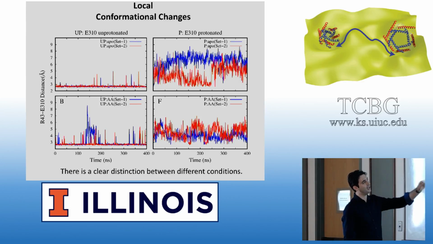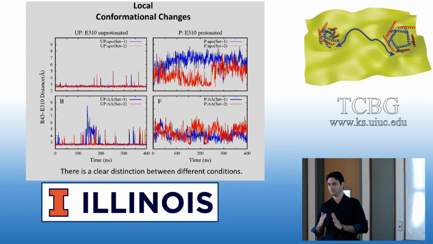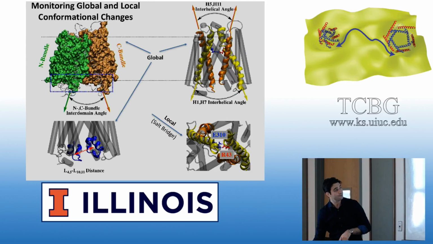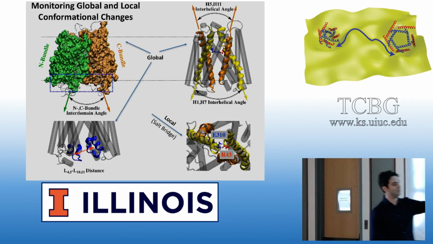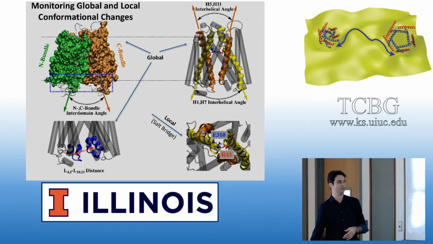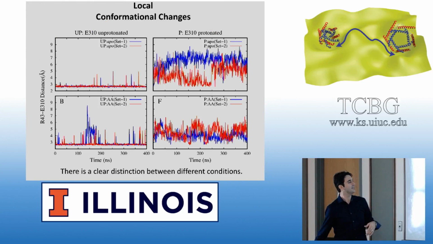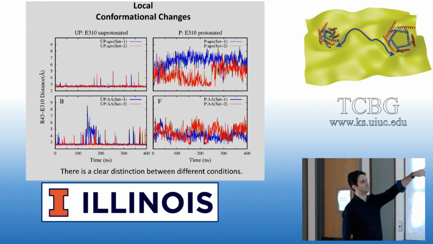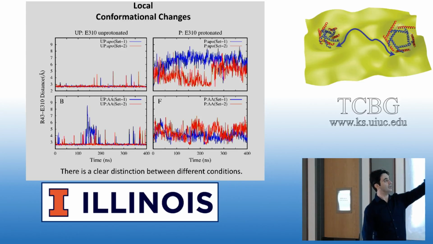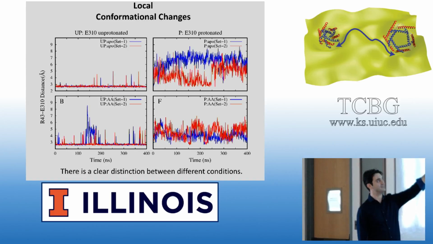So here I have the unprotonated protein, where there is one particular amino acid, E310, that you can protonate or not protonate. And the unprotonated one in the apo, so no substrate, was repeated twice, set 1 and set 2.